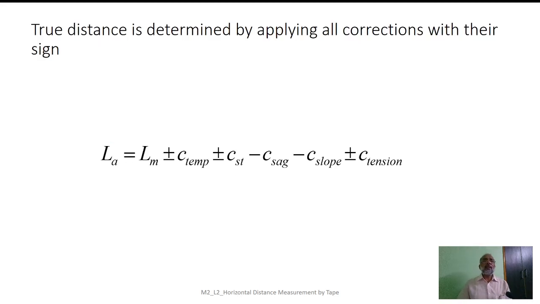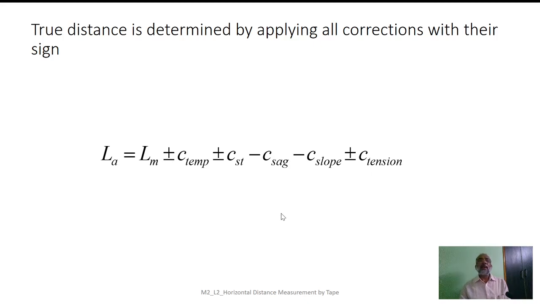Hence, there is a need to obtain the true distance by applying all the corrections with their required signs. So the actual length can be worked out by applying the corrections for temperature, standardization, sag, slope as well as tension with their respective signs.